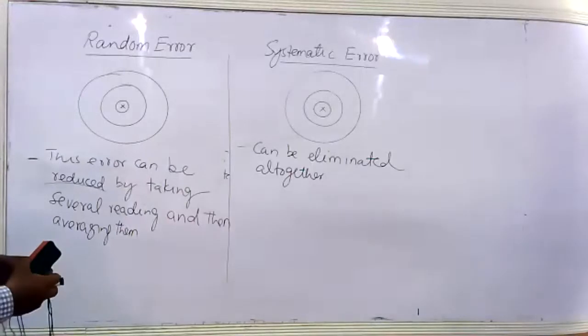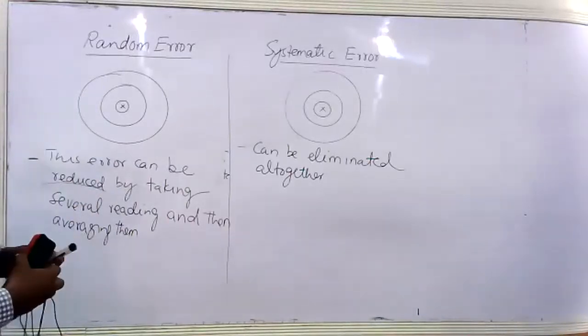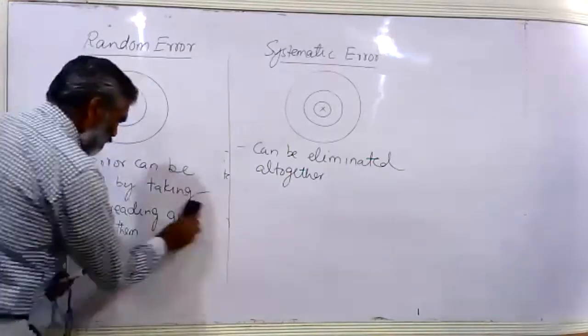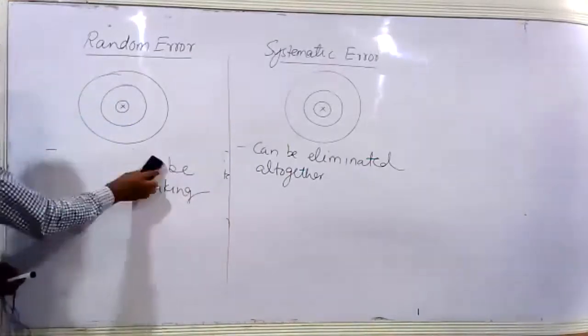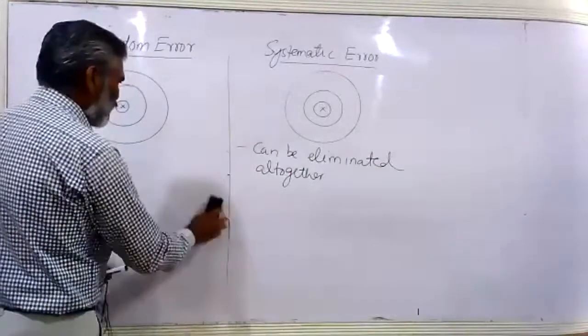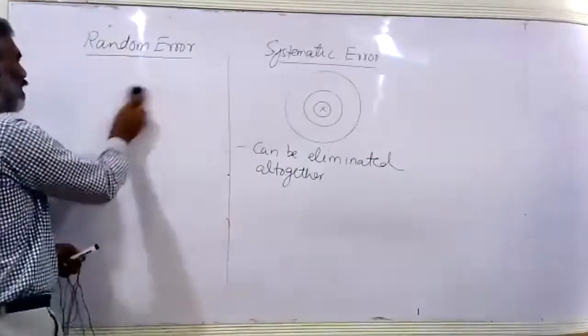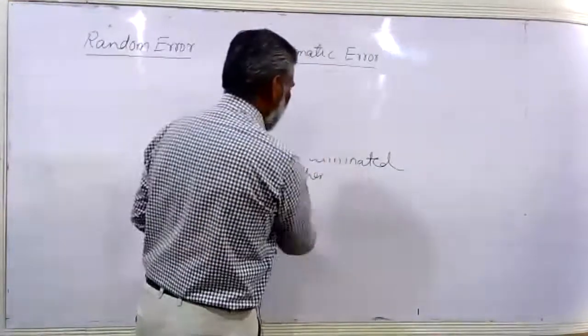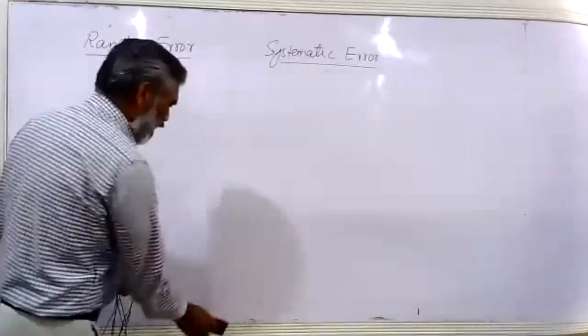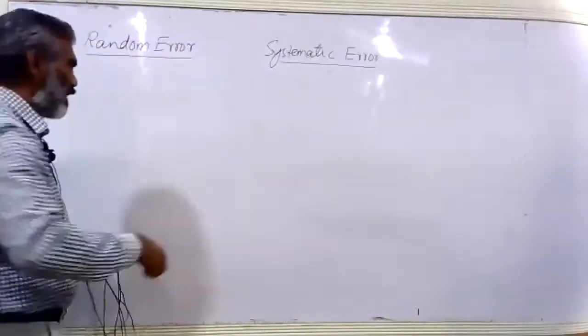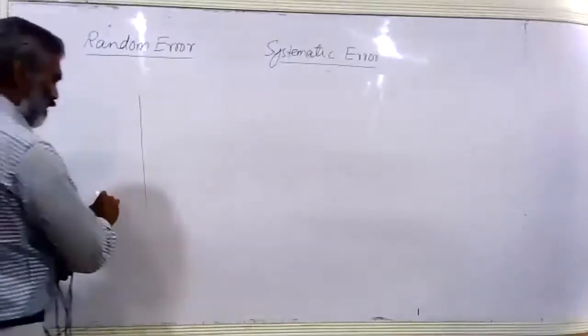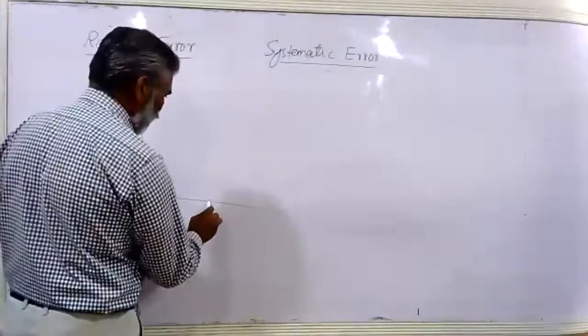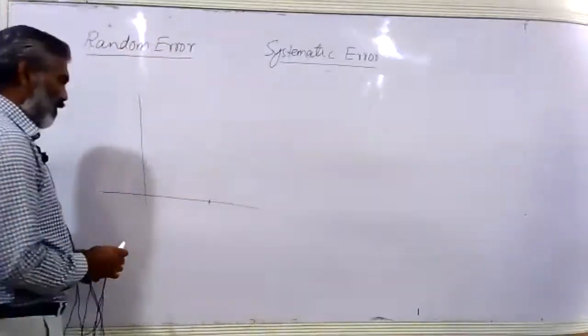And they often give you graphs. One last thing: they will give you graphs and ask you to identify what is the random error and what is the systematic error in it. Suppose you have a very large number of values of the readings taken, and this is the correct value.